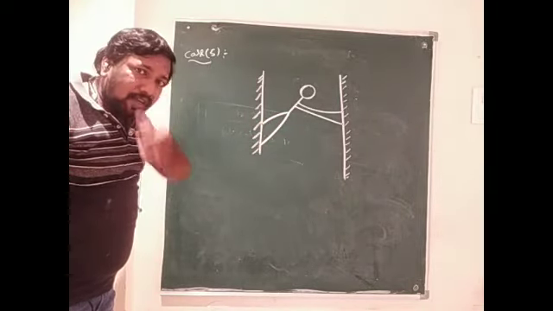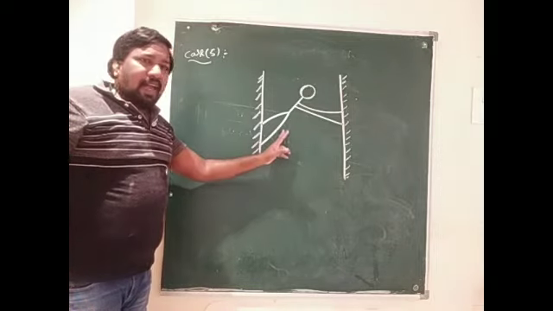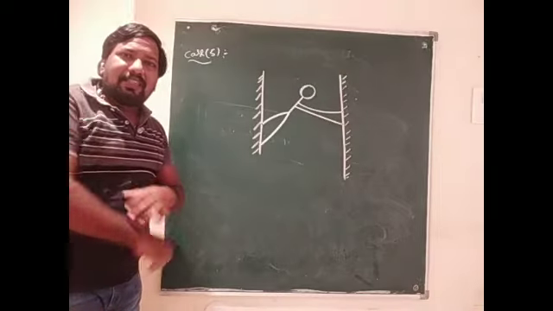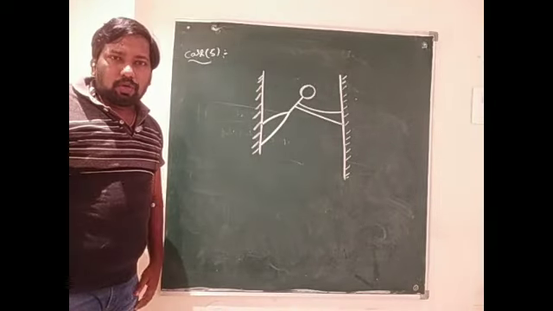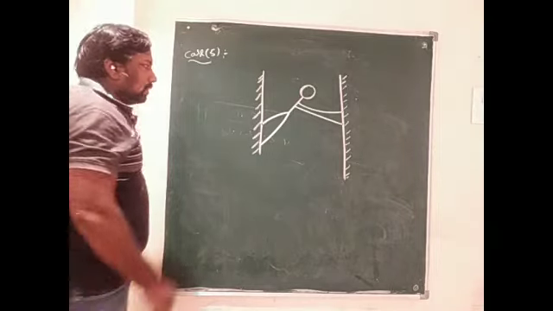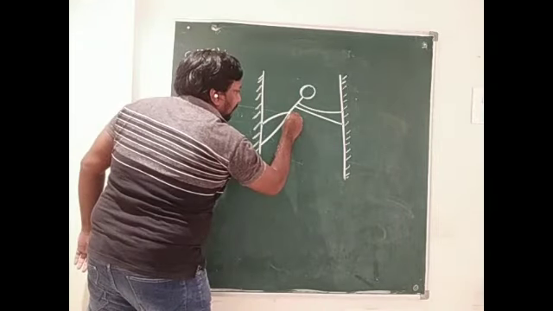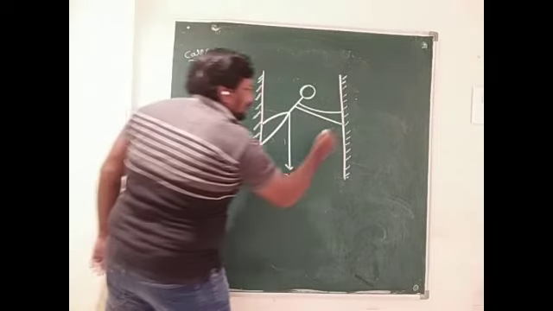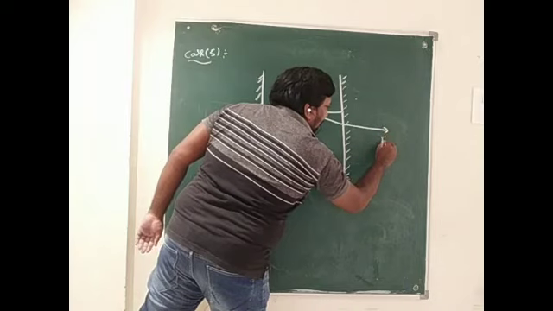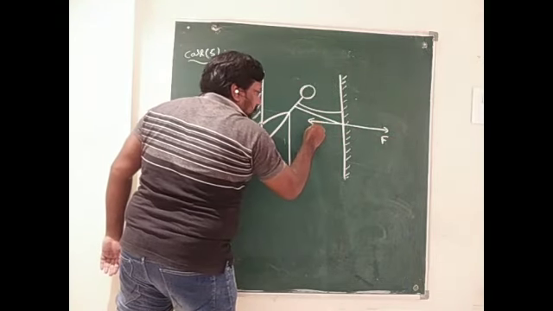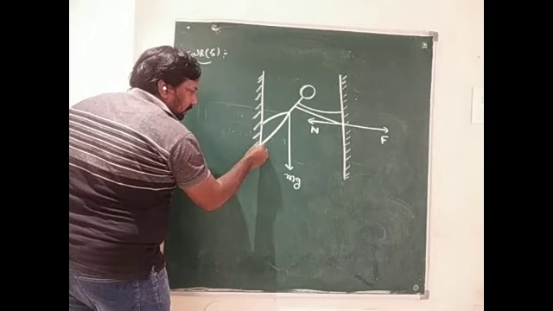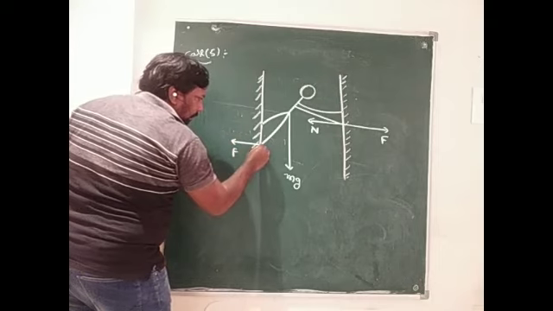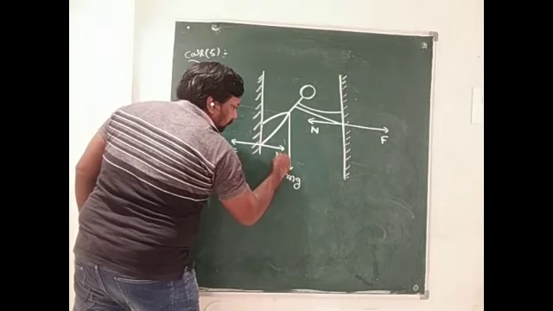Here a man of mass small m is held in between two vertical surfaces. Now the man is stationary in between the two rough walls. So here its weight is vertically downwards, but pressing force with the hands in this way, normal reaction in this way, pressing force against the wall by legs in this way, and normal reaction in this way.